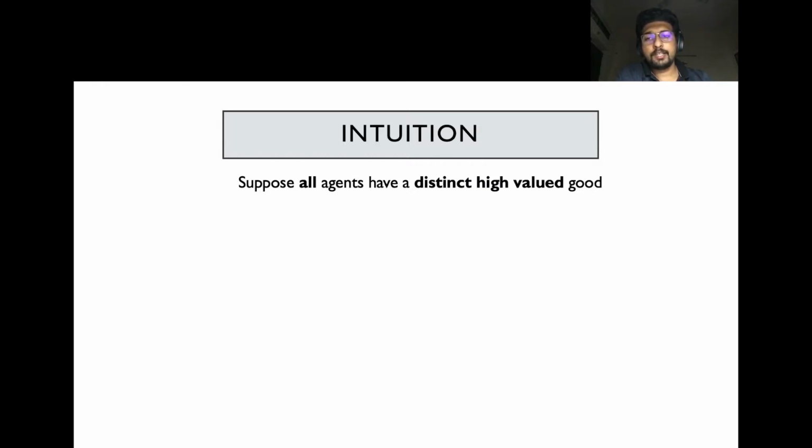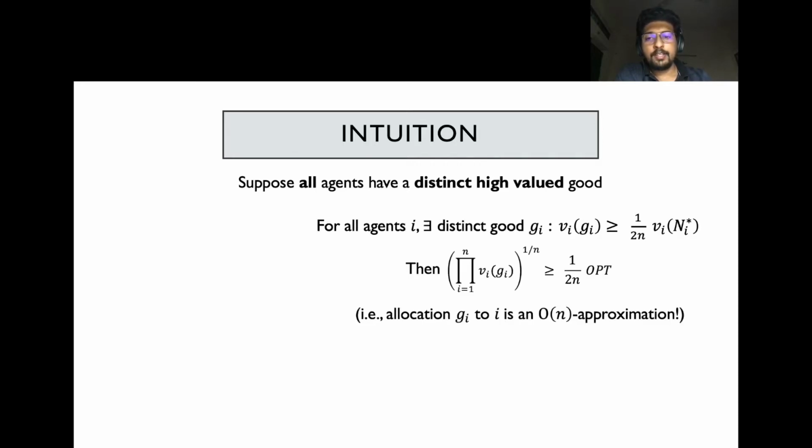Now let's look at the cases individually. Consider case 1, where we assume that we have to maximize the Nash social welfare when all the agents have a distinct high-valued good in their Nash optimal bundle. That is, there is a good which gives a 2n approximation to the Nash optimal bundle for all agents, then the nth root of the product of utilities of these high-valued goods gives an n approximation to the optimal Nash bundle.